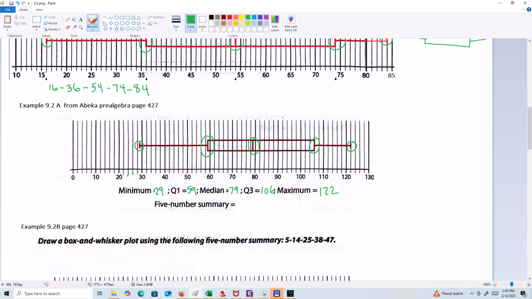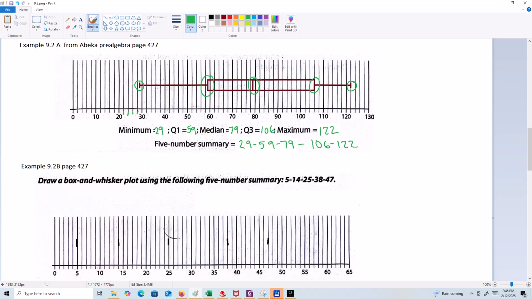So then the 5 number summaries are simply taking these 5 numbers that we've just come up with and separating them by hyphens. Just like that.